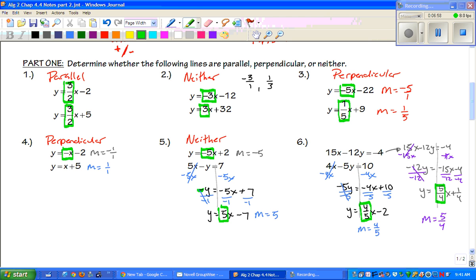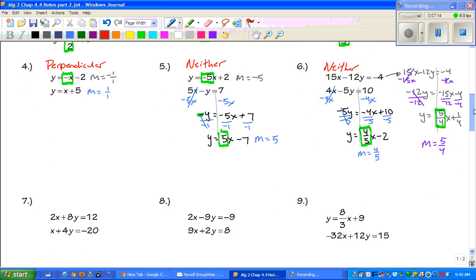So parallel, perpendicular, or neither? This one is actually neither. Those are both positive slopes, so they're not perpendicular, even though they are reciprocals. It's got to be both opposite and reciprocal.